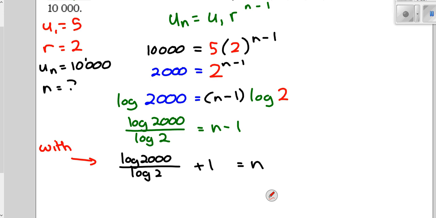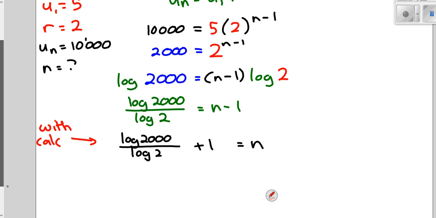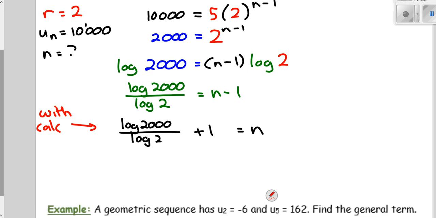Realistically, I think that one would be with calc. And then it's just a matter of are you typing it into the calculator accurately. I don't have a calculator here, so I'll rely on someone else to do it. You might want to make sure to use your nice fraction button. You know how you go alpha y equals to make a nice fraction box.